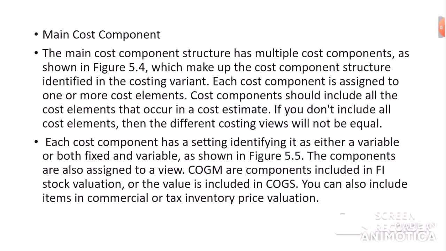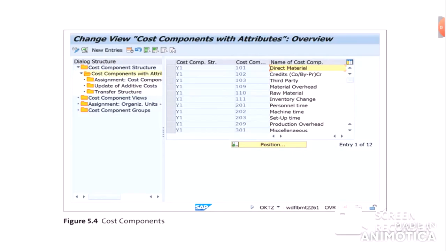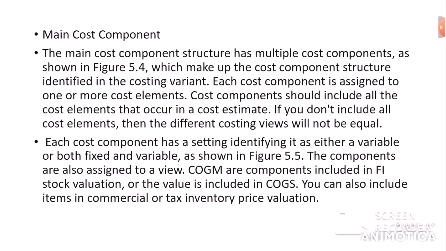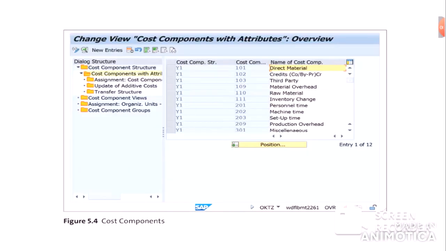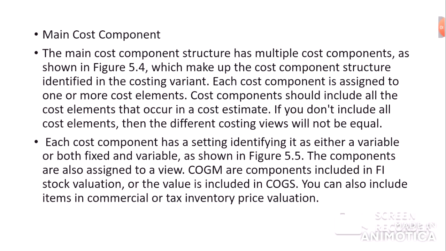So each cost component is assigned to one or more cost elements. Cost component should include all the cost elements that occur in the cost estimate. Okay, if you do not include all cost elements, then the different costing views will not be equal.